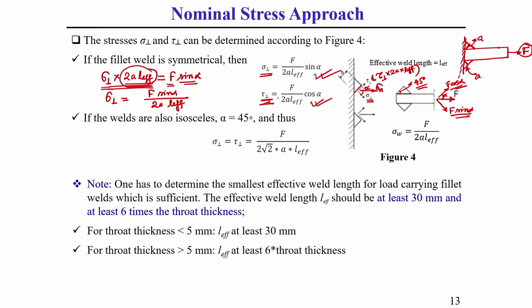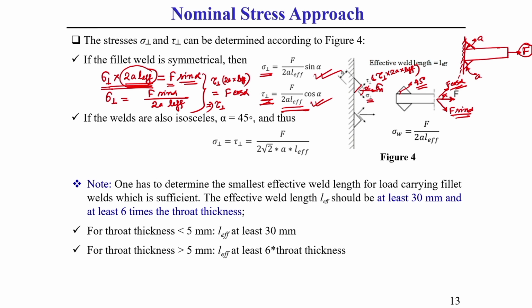So, you can write the force balance equation for the shear stress component: tau inverted T into 2A into L effective, where L effective means the effective length of the weld, should be equal to F cos alpha. So, from here you can write tau T equal to this.